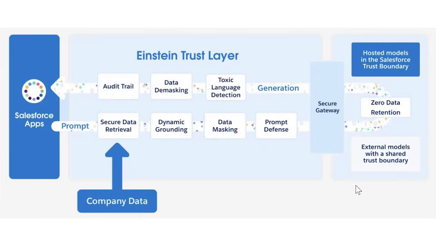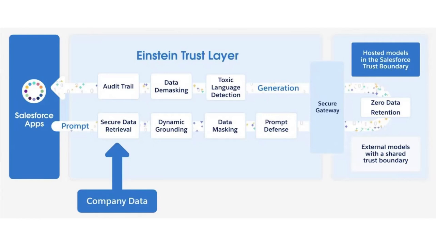Now, as you can see, here we have the zero retention policy, zero data retention. What do we mean by zero data retention? This is the most important point: our data will never be stored outside of Salesforce. Once the model processes the prompt, the prompt and the generations are both forgotten.